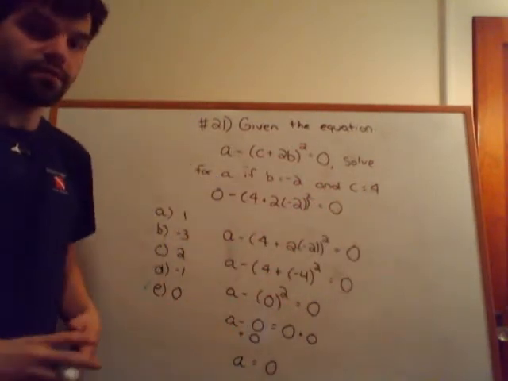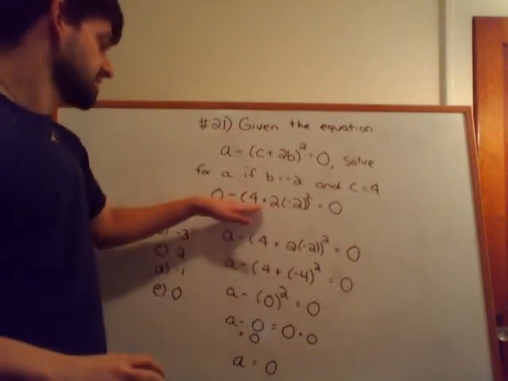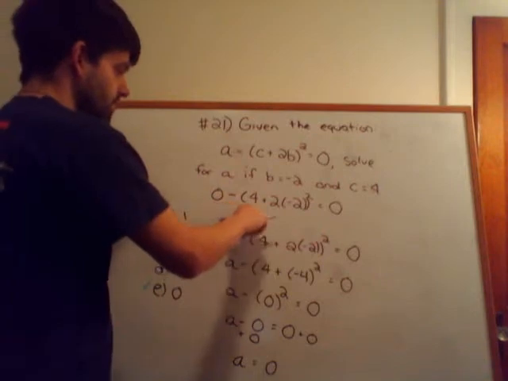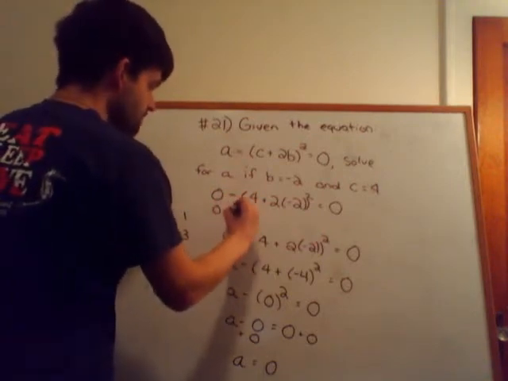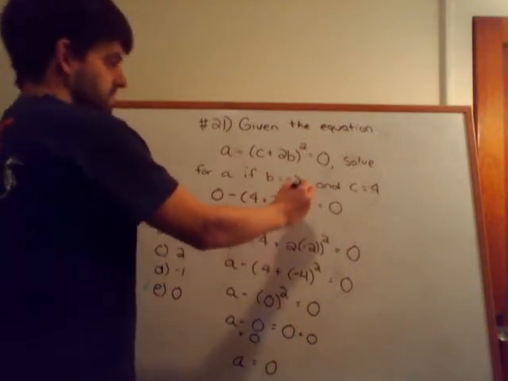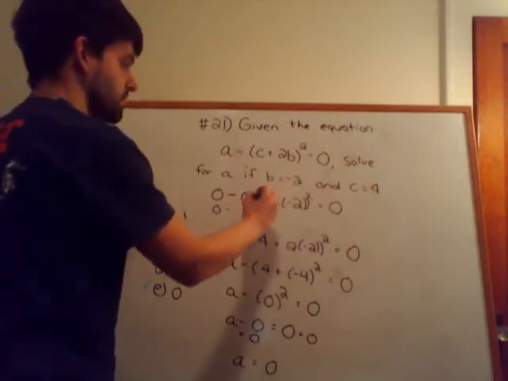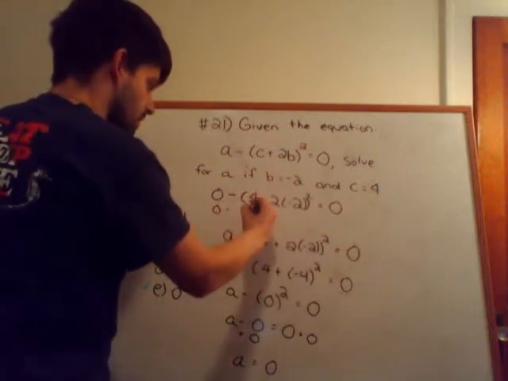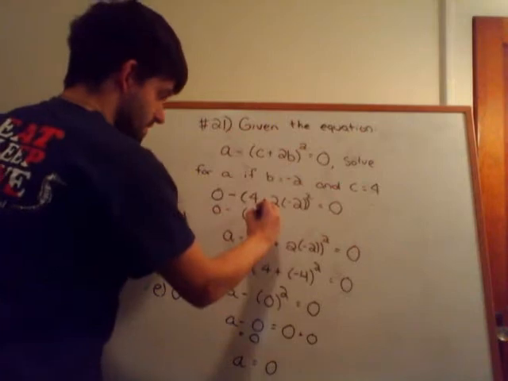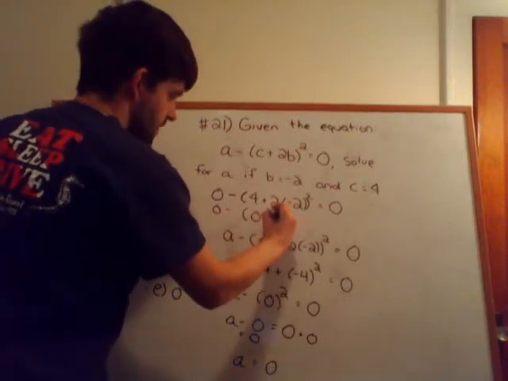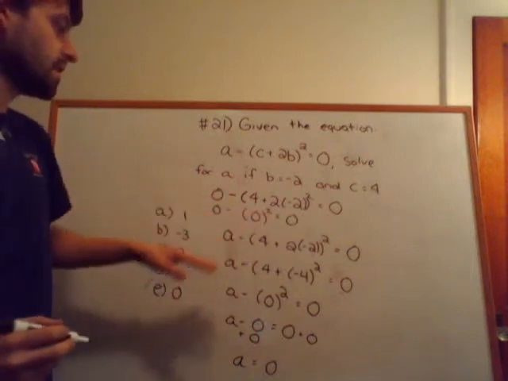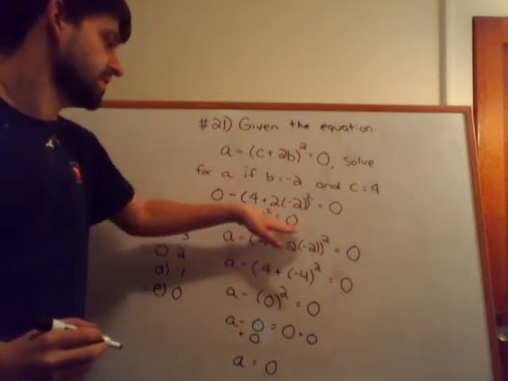Now, we're going to know that we've done this correctly if the left side of the equal sign is equal to the right side. So we have 0 minus 4 plus 2 times -2 is -4, so 4 plus -4, careful with your negatives and adding them, 4 plus -4 is 0, squared equals 0, and 0 minus 0 squared is 0 minus 0 equaling 0.